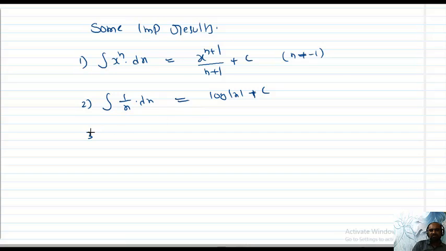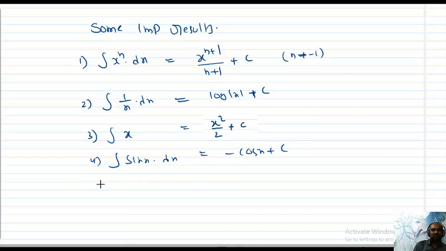Okay. Fourth one. Integration of sin x dx is remembered as minus cos x plus constant. Integration of cos x dx is remembered as sin x plus some constant.